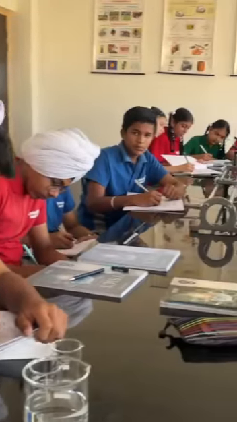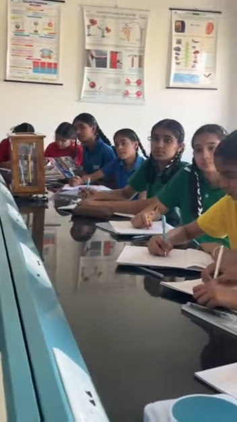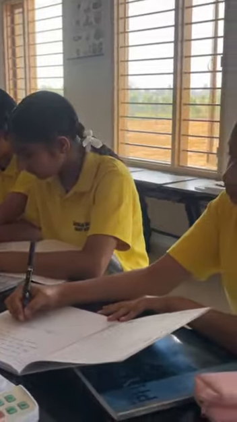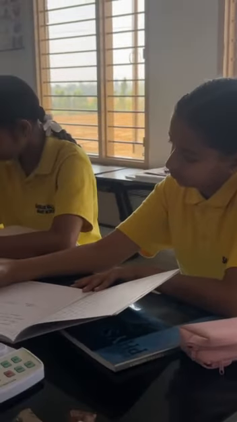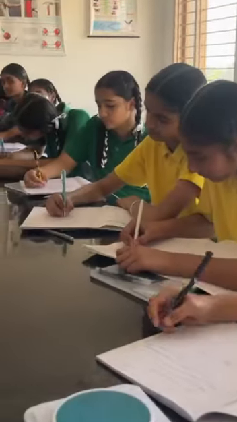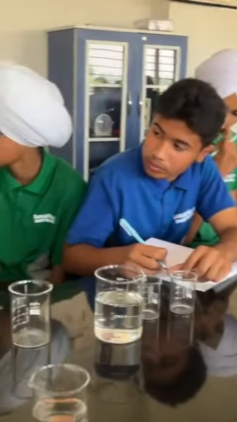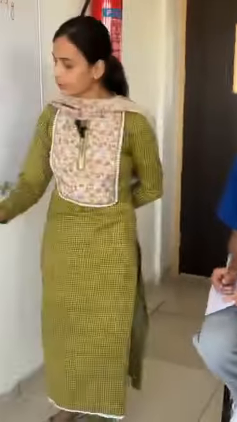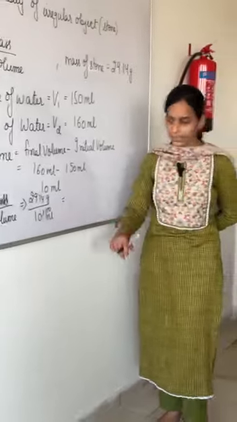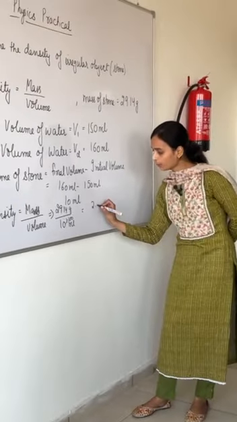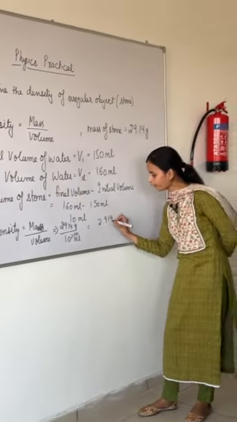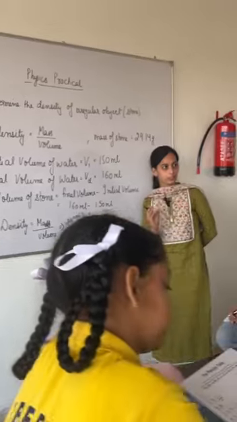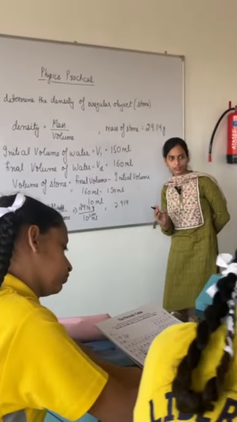Who wants to tell me the answer? In order to remove the decimal point, we put 100 here, so there are 3 zeros. What is the answer? 2.914. Can you tell me the unit of density?